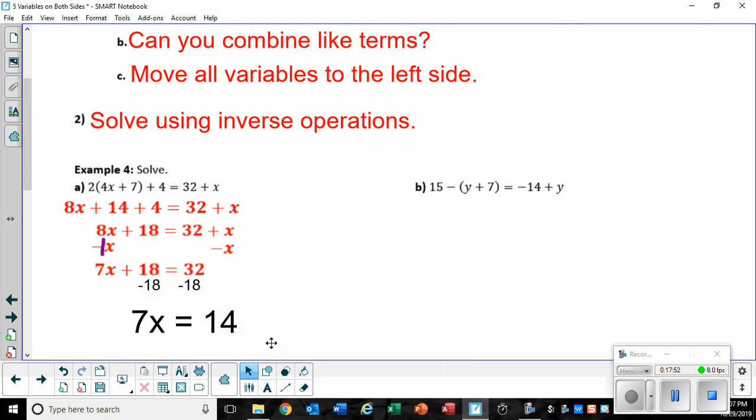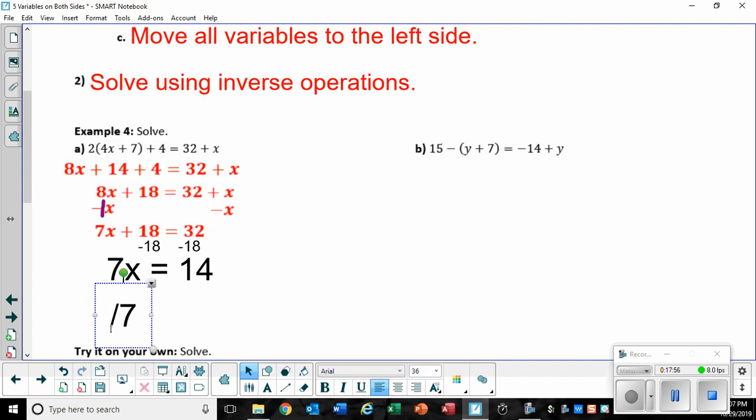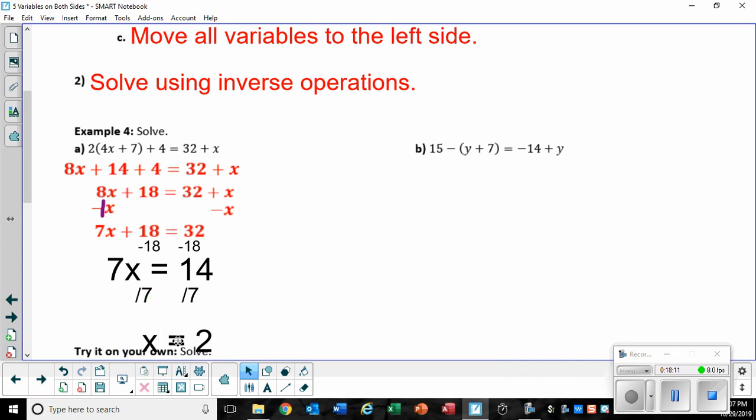So I get 14. And then I'm going to divide both sides by 7. Okay. So what I end up with is x equals 2. And that's my final answer.